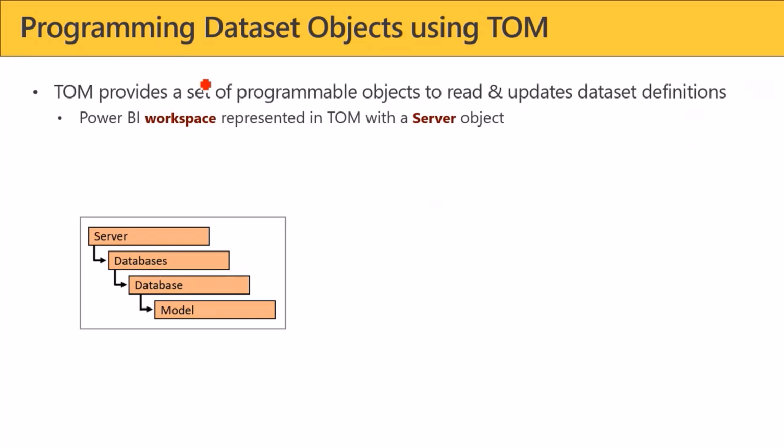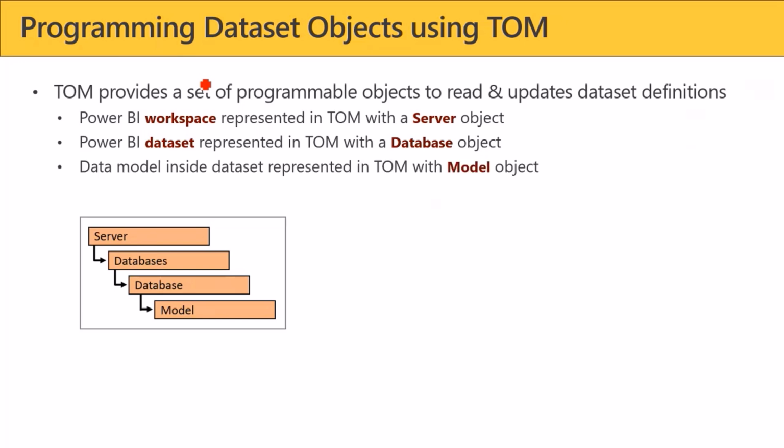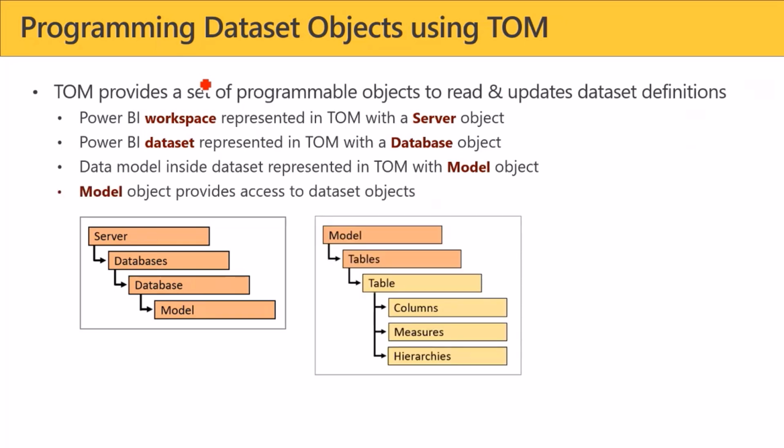Now server is a workspace, a container of data sets. What we now call a data set is historically called a database, tabular databases. For the data set, we have this outer database object and an inner data model. The data set is a database object, and we split out the model with a model object.